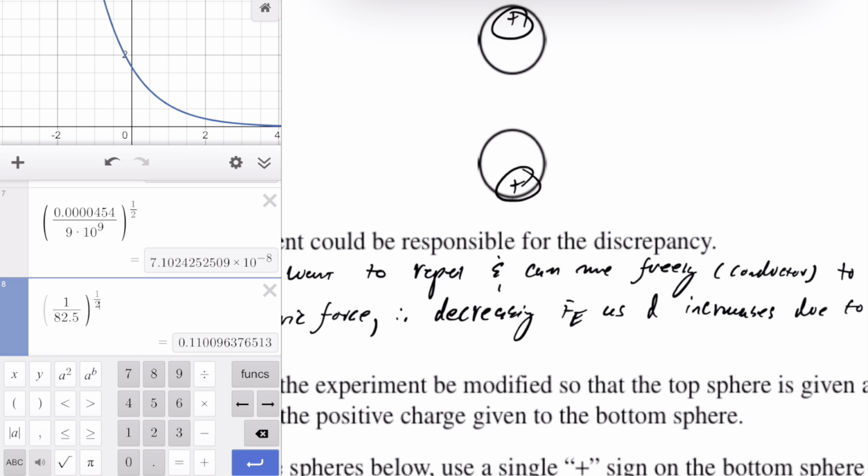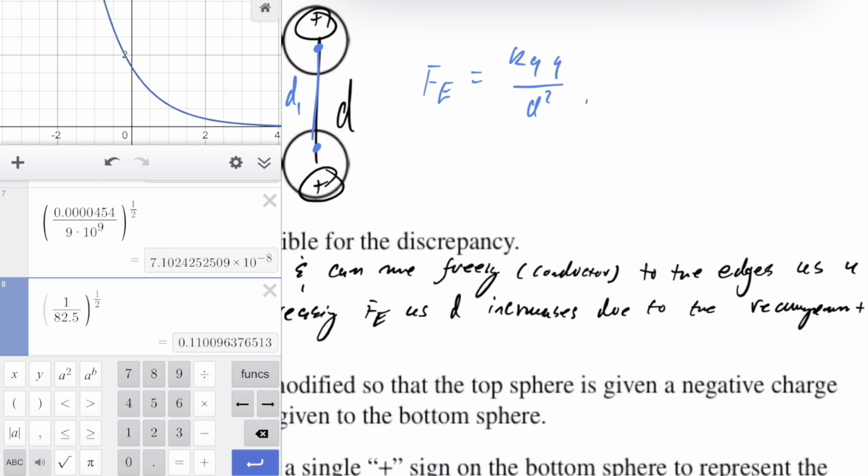These two will repel to the edge, making their distance bigger. But the distance between the centers will continue to decrease, right? So if that keeps decreasing, in k q q over d squared, what will be read is that the electric force should be increasing, but it's actually going to stay constant, right? Because the charges are moving farther and farther away, right?